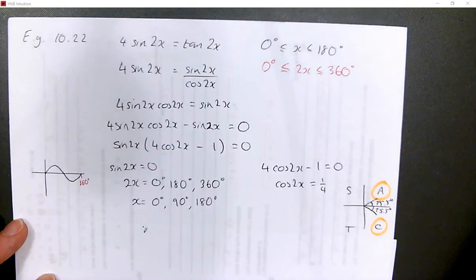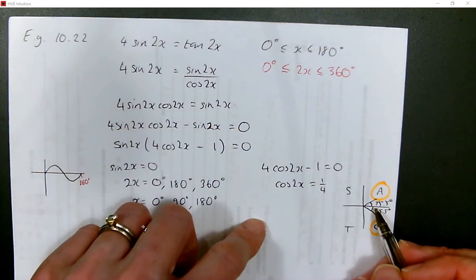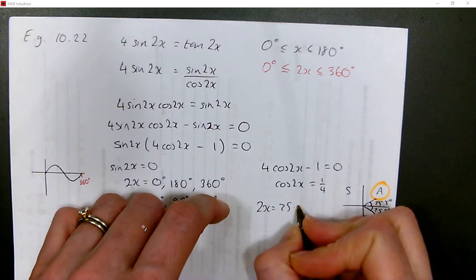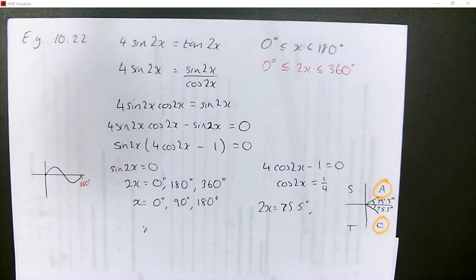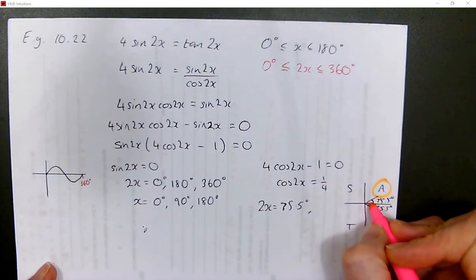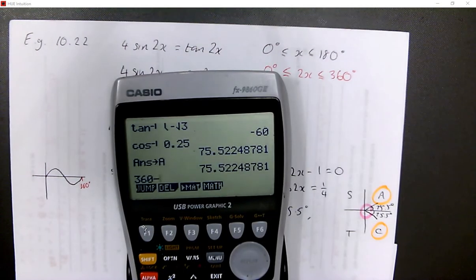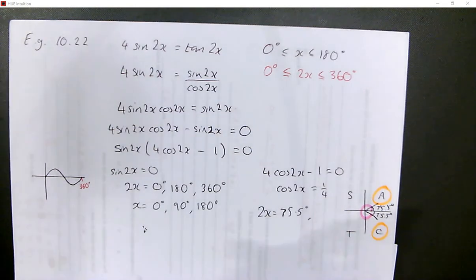Now we want all of the solutions for 2x between 0 and 360. So we're starting with 2x is 75.5 degrees. And the other one, if we whirl around from 0, we get 360 minus that, so 284.5.